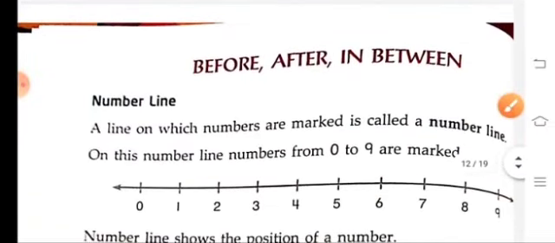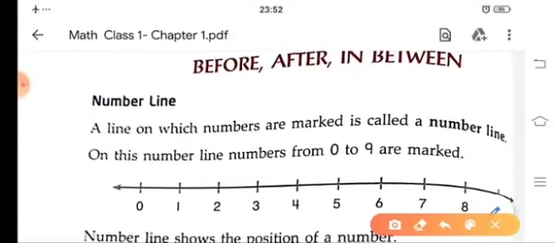Okay. Now we come to before, after and in between. Suppose, children, 3 children are there. One is you, who is in the middle, and before you Ayush is there, and after you Samya is there.